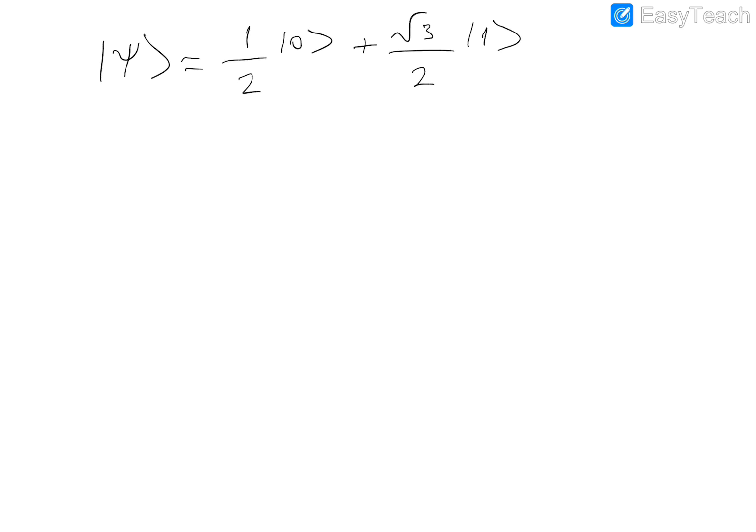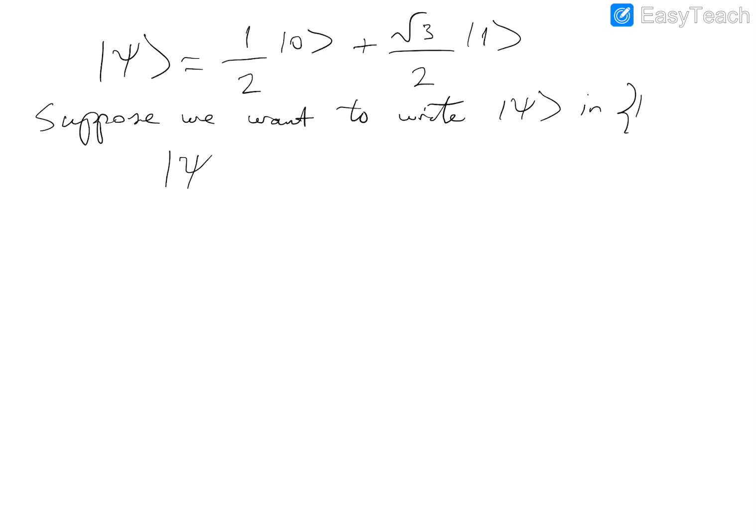Well, psi will be in the form alpha ket plus plus beta ket minus, right? So we need to figure out what alpha and beta are.